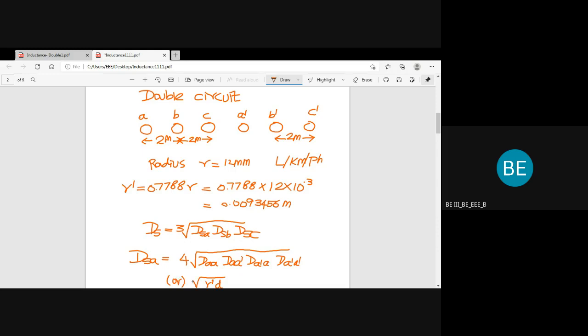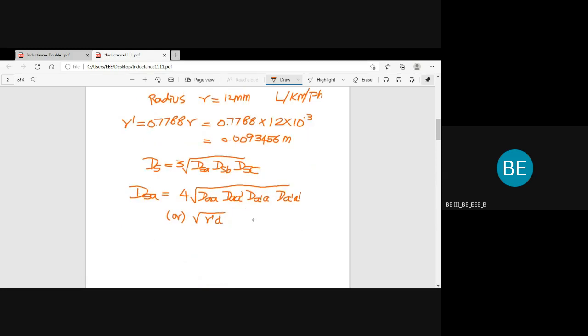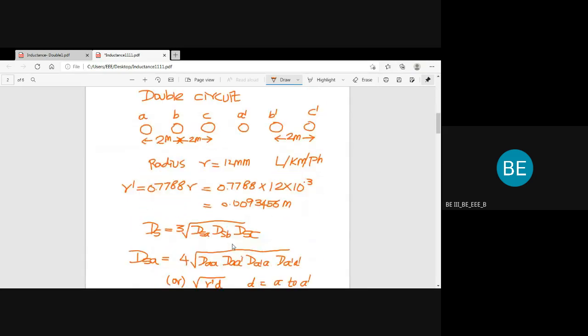So D is the distance between conductor A to A dash. So we have calculated the r dash value. So r dash value is 0.00934, and D. So we have to calculate the distance between A to A dash.